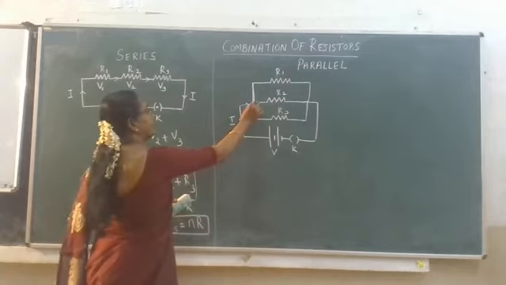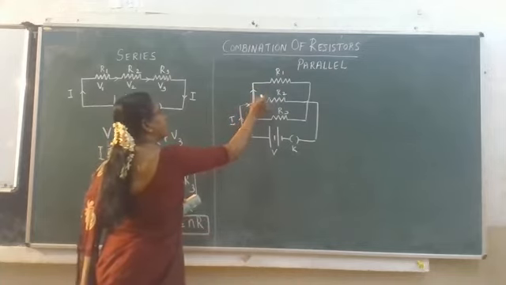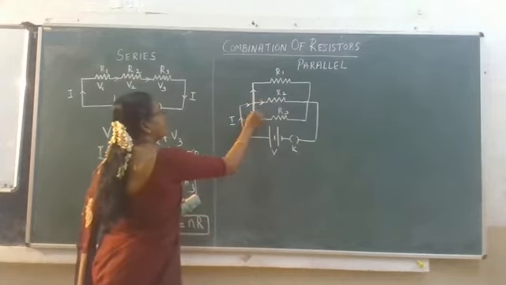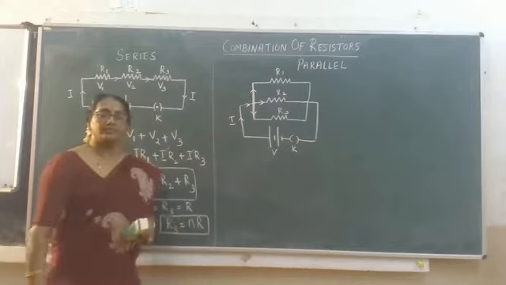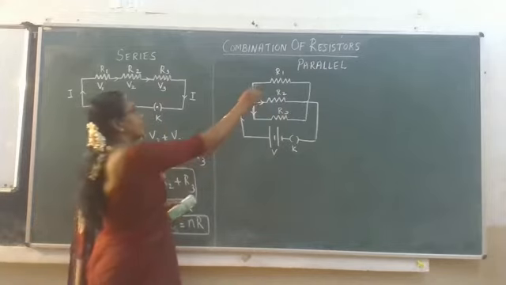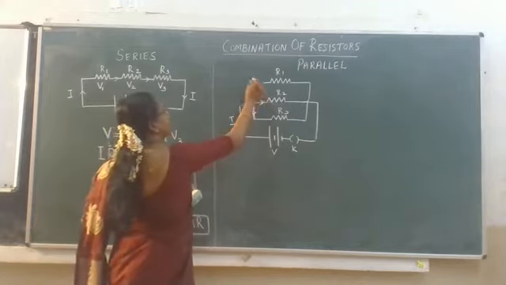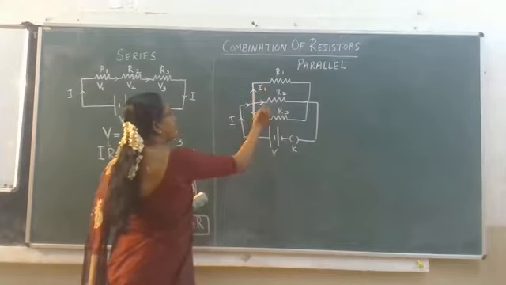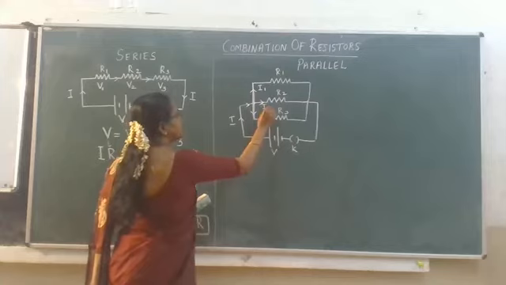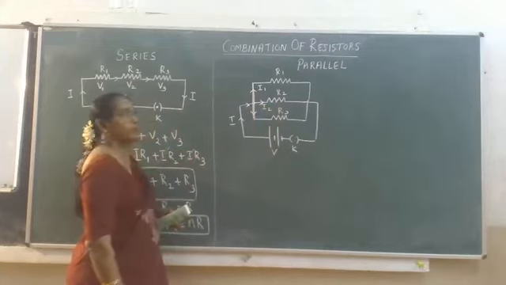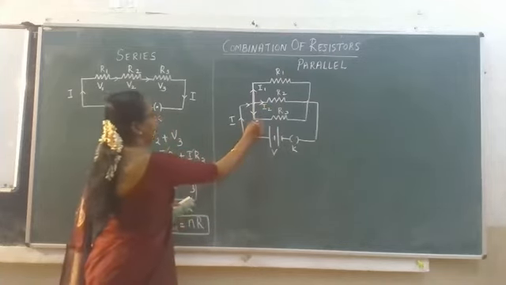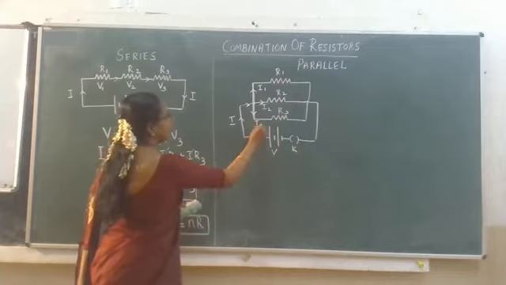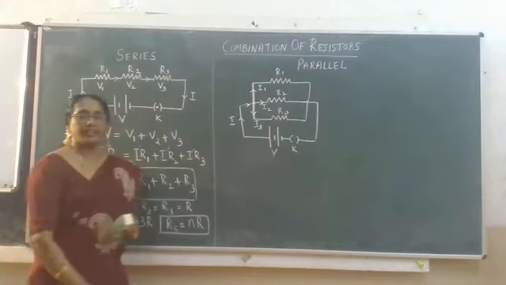This current after reaching here will start dividing. How will it divide? If R1 is offering R1 resistance, the current through R1 you can mark as I1. R2 is the resistance of the second one, the current through it you can mark as I2, and similarly I3 can be the current through R3.